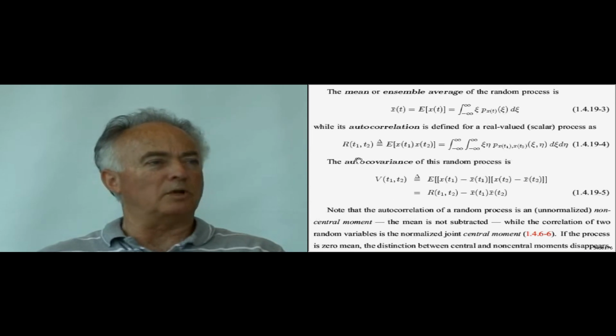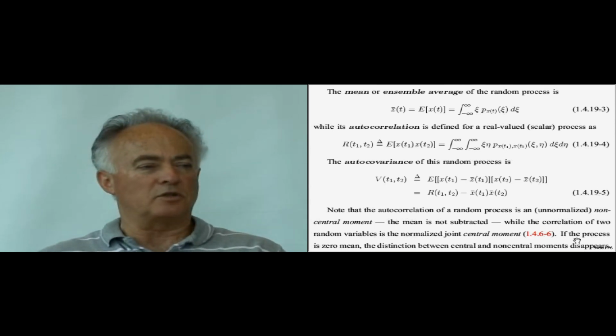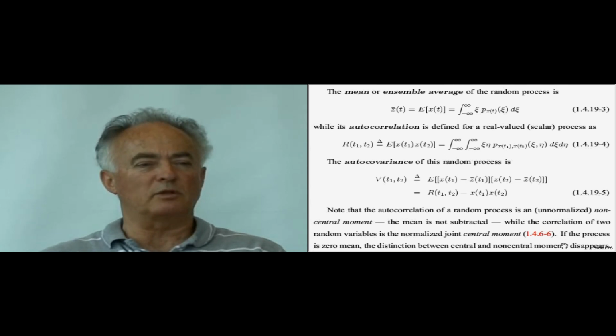So we have the terminology problem that the autocorrelation is now an unnormalized and non-central moment. We don't subtract the mean. While in the case of random variables, we use the term correlation for a normalized joint central moment. It should also be added that if the process is zero mean, the distinction between central and non-central moment disappears.